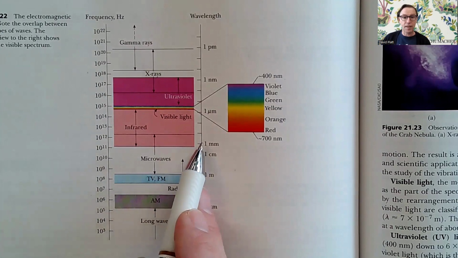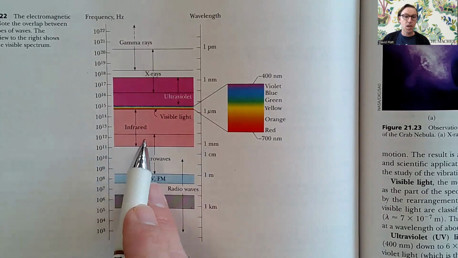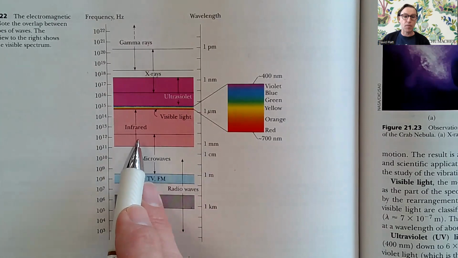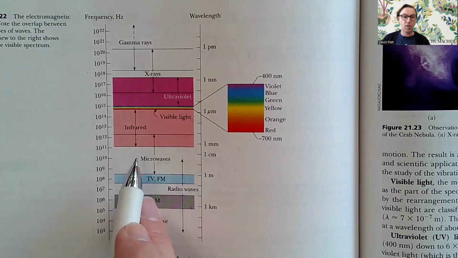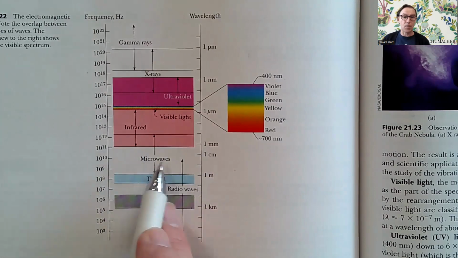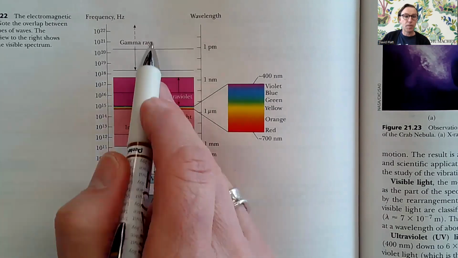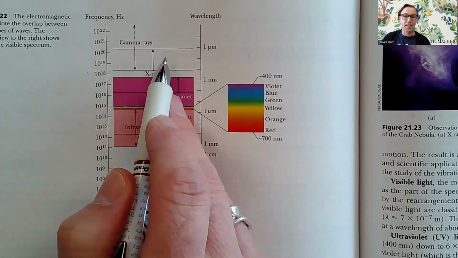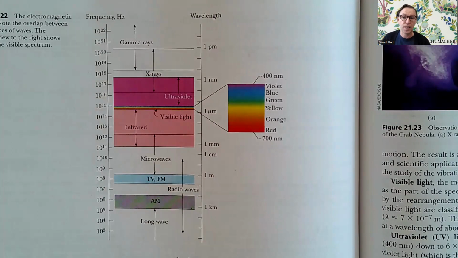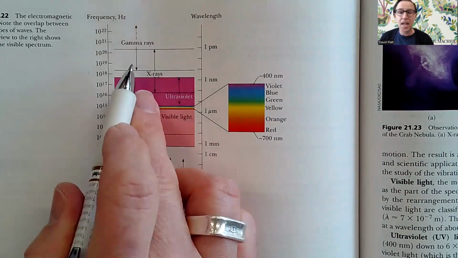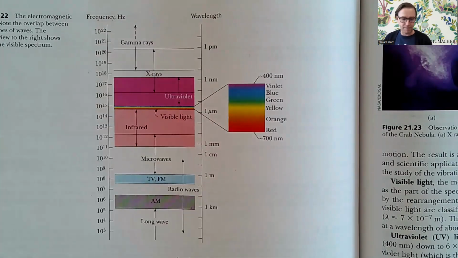This wavelength or this frequency could be called infrared or micro. This could be called micro or radio. These could be called gamma or X. But just knowing the order is not really hard, and it could be helpful as you move along in life. All right, so that is called the electromagnetic spectrum, and it's just a lovely picture right there.